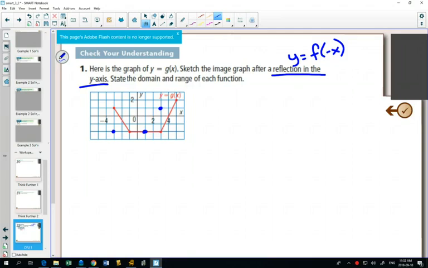And this point at 5, 2 is now going to be at negative 5, 2. If we join the dots, can you see that the blue graph is a reflection of the red graph over the y-axis?